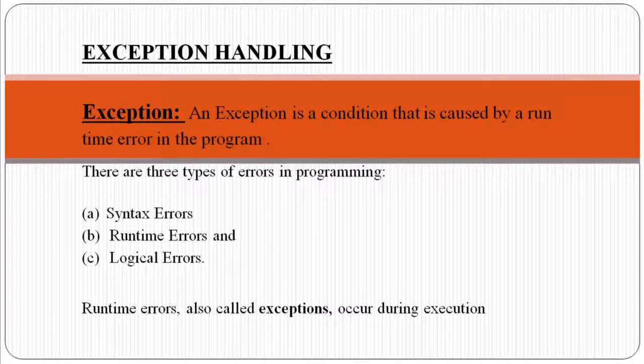Then coming to logical errors. What are logical errors? A logical error is a bug in a program that causes it to operate incorrectly but not to terminate abnormally. Then what are runtime errors? A runtime error in a program is an error that occurs while the program is running, after it has been successfully compiled.